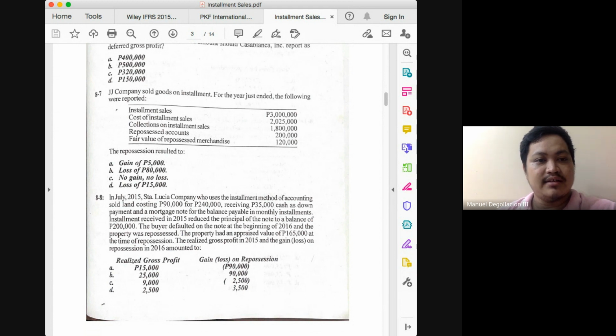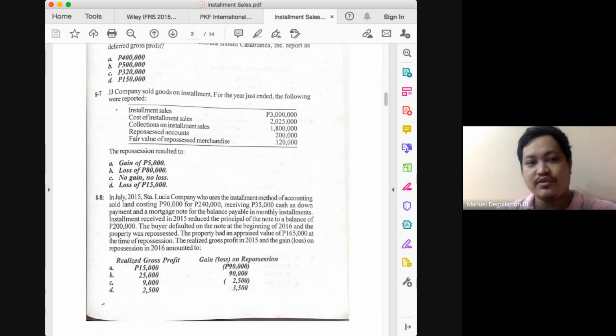So basically, class, these repossessed accounts of 200,000 represent the receivable that pertains to those that are no longer collectible and which resulted in repossession. So the 200,000 here is the receivable related to the repossessed merchandise. So what we need aside from the 200,000 would be to simply compute the cost rate or the cost ratio.